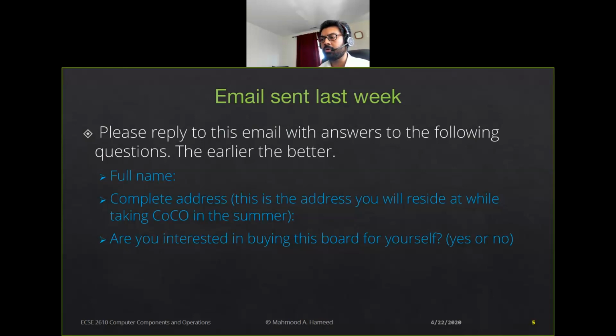The cost of the board is about $150, and you can buy it through Digilent, which is a distributor, or you can also buy it through DigiKey. They are about the same price, and there's another $4 or $5 for the cable.